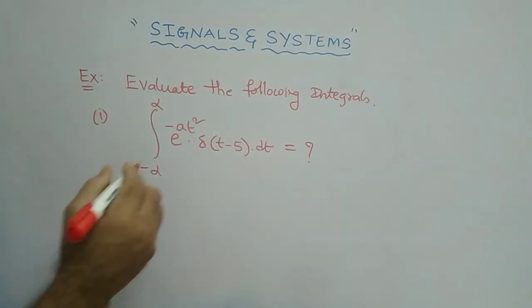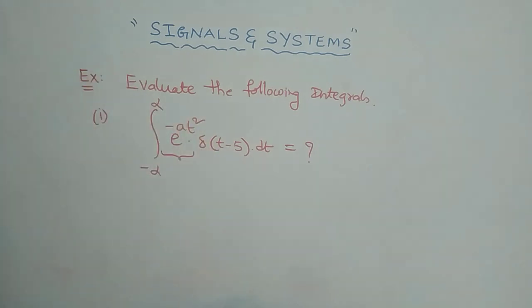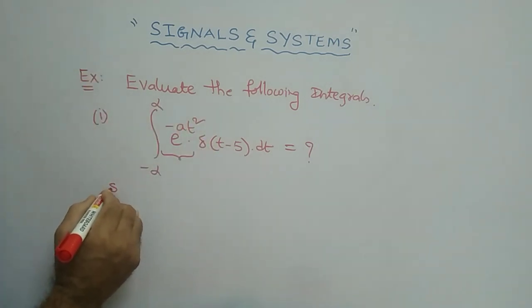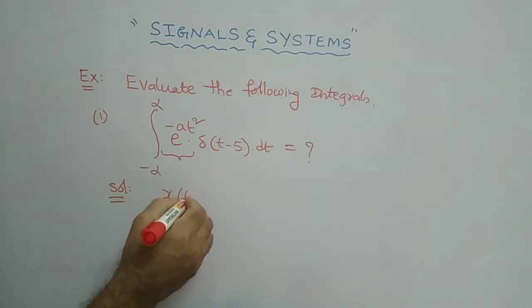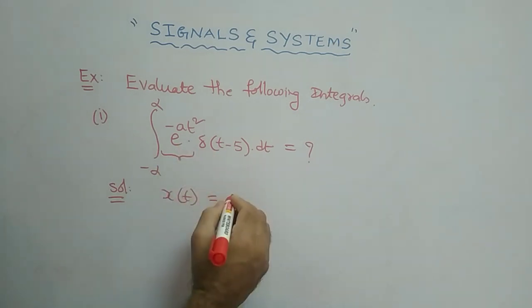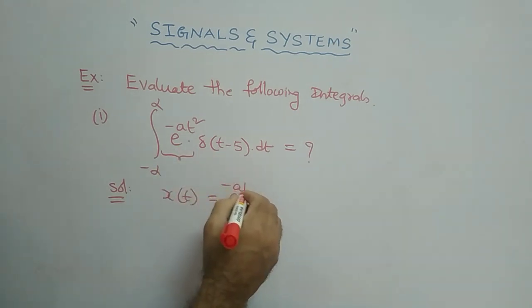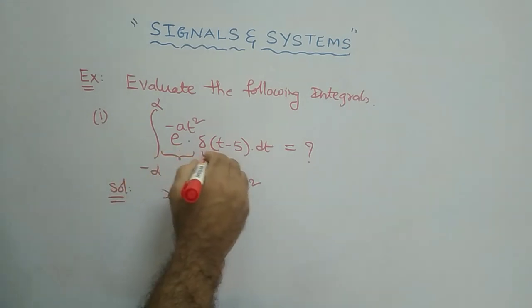If you observe carefully, e power minus a t square is your x of t. Okay, the solution part. If you compare with our standard, x of t is equal to e power minus a t square. Then what is this delta of t minus 5?